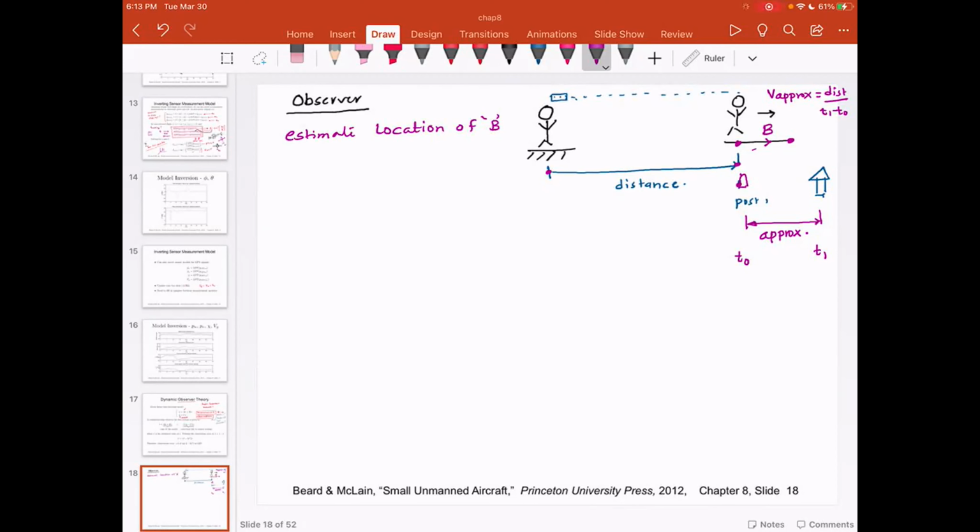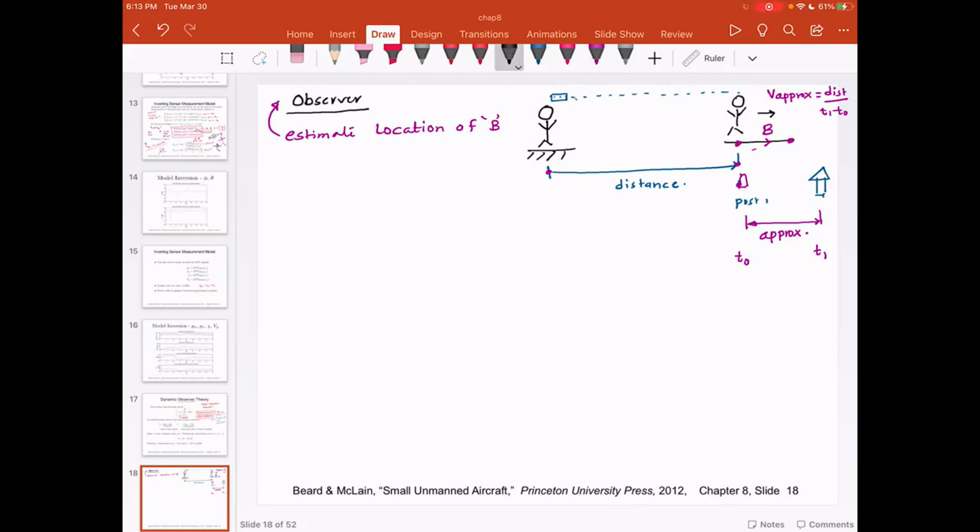Then you have an approximate location of your friend. This is nothing but the principle of observation. So with this approximate velocity equation, you can find the approximate distance, and that gives you an estimate of where your friend is going to be as time goes on.